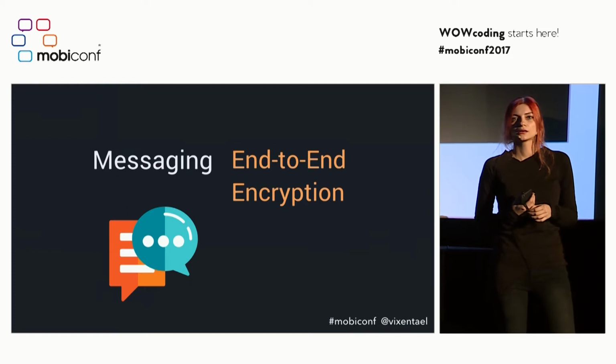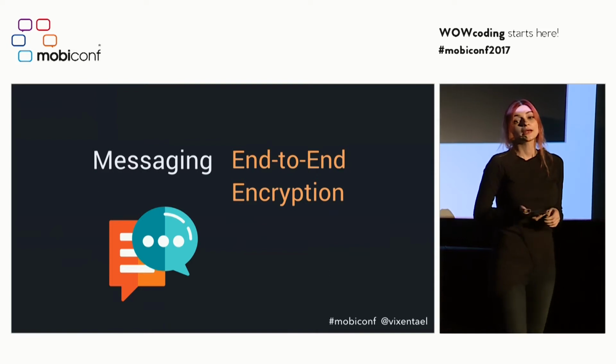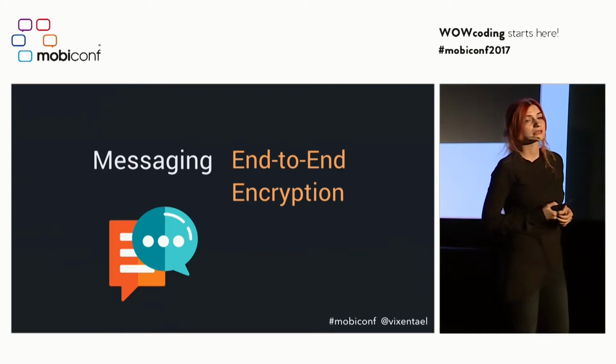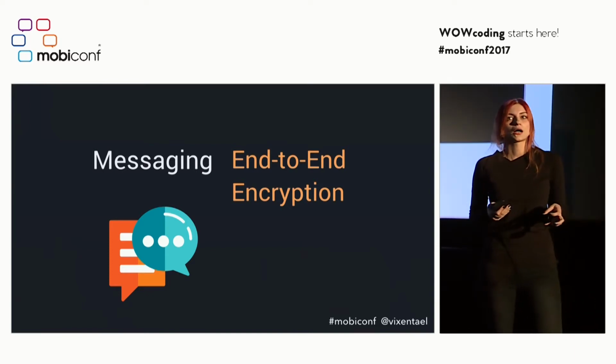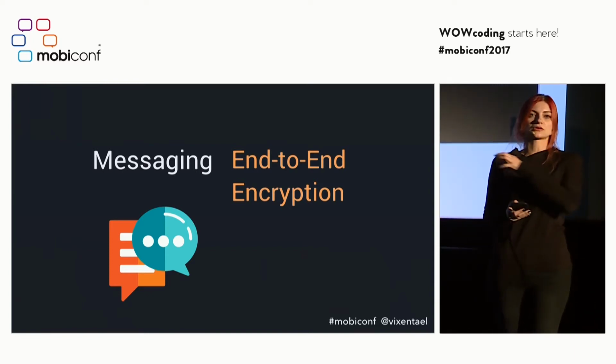WhatsApp, Signal, Telegram, Facebook secret chats. Line? Not sure about Line. BlackBerry Messenger, yes, probably. You know them. It's quite popular because encryption solves problems for this particular use case.